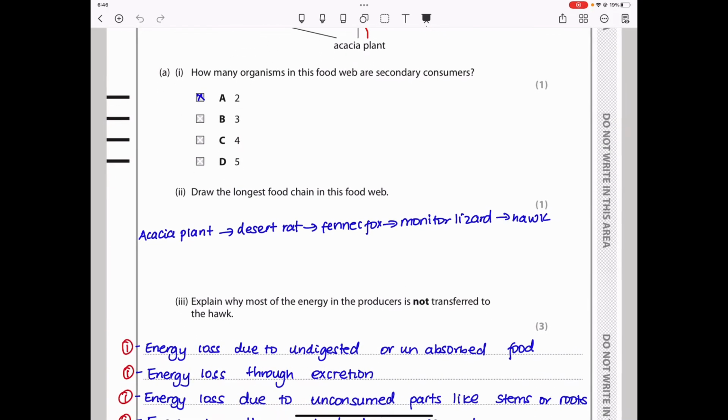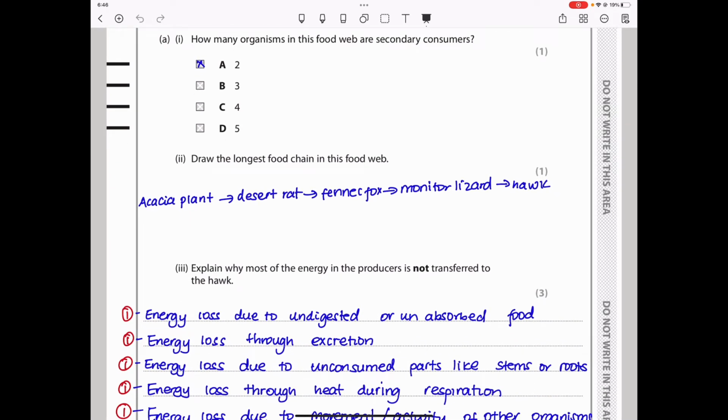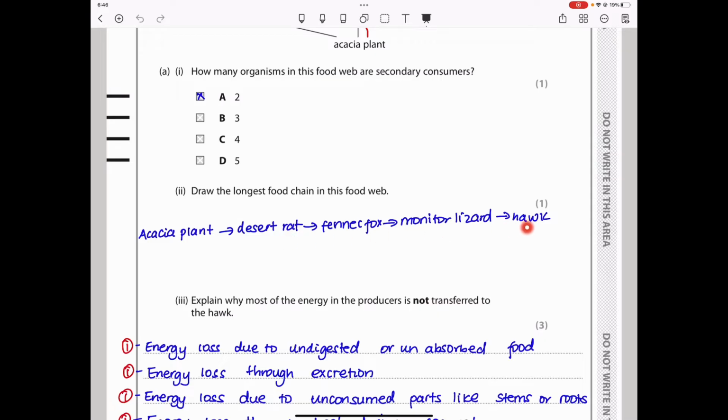The next part says, explain why most of the energy in the producers is not transferred to the hog. Again, we can go back in this specific food chain. Energy from the producer, which is the acacia plant, has to be taken to the hog. However, so many processes and losses of energy occur within this area. Those energy losses could be due to some parts of maybe the acacia plant not being eaten.